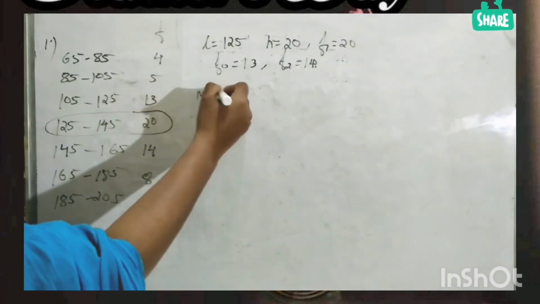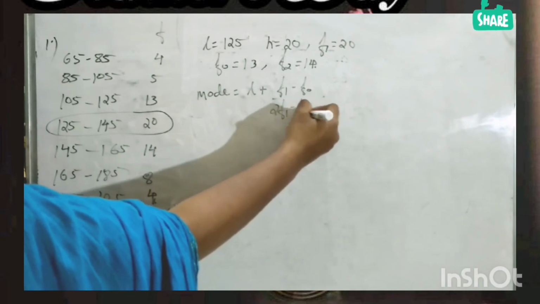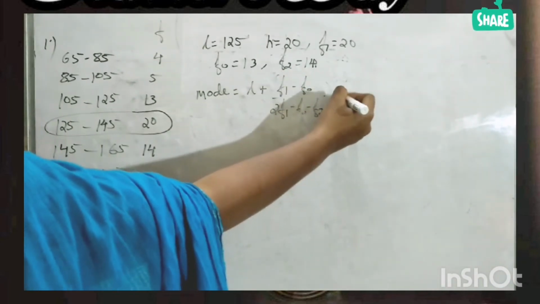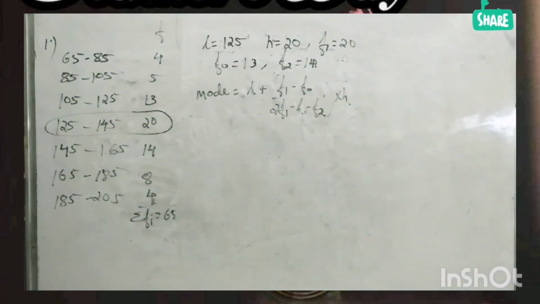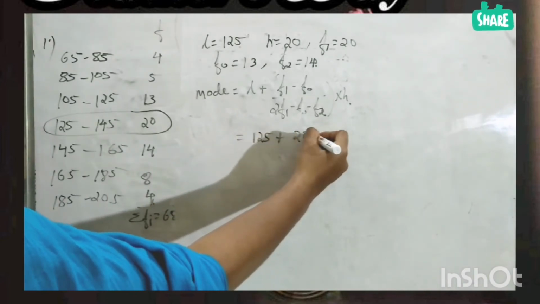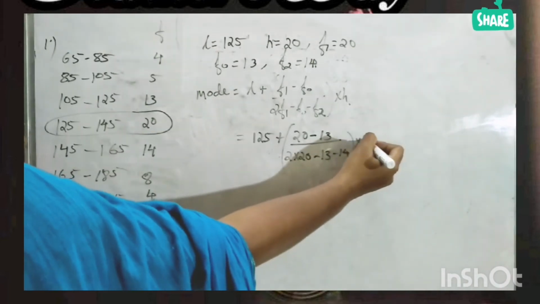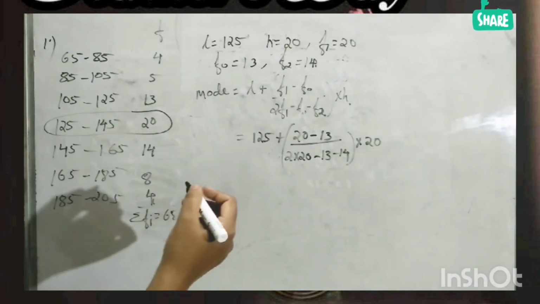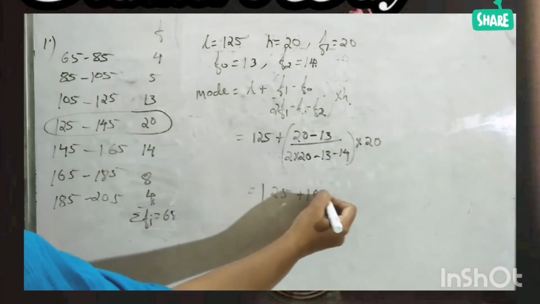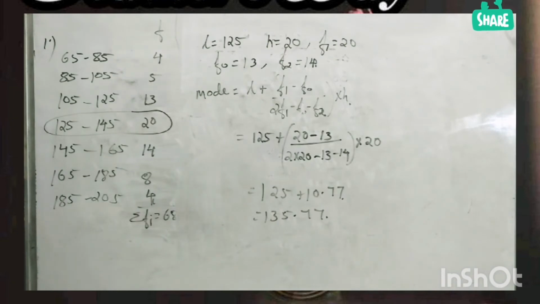Now mode is equal to L plus f1 minus f0 divided by 2f1 minus f0 minus f2 into h, and this is equal to L is 125 plus 20 minus 13 divided by 2 into 20 minus 13 minus 14 into 20, and this we will get as 125 plus 10.77, that is equal to 135.77.